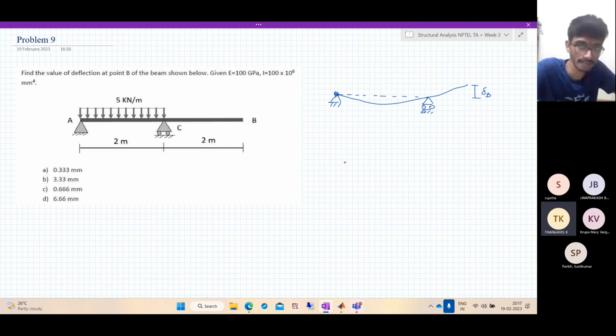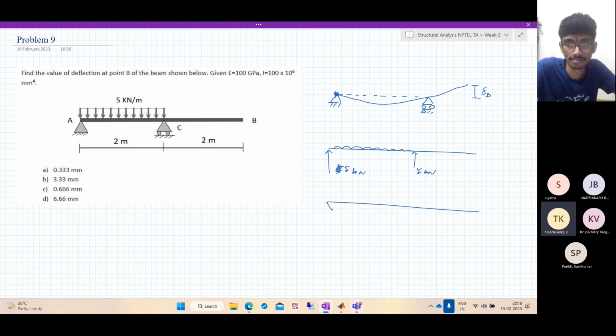If you see the free body diagram, it will look something like this. It will be 5 and 5 kilonewtons, and you have the distributed load here. If you take the bending moment diagram, it will be something like this.